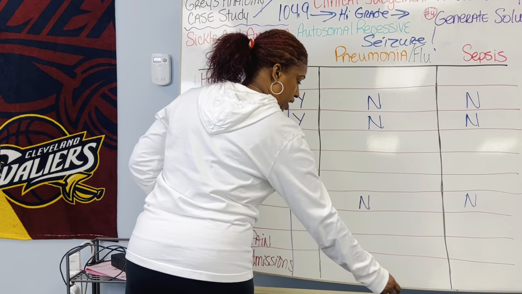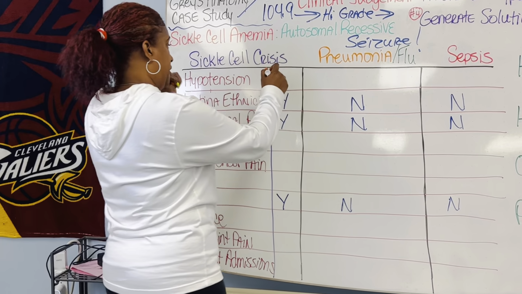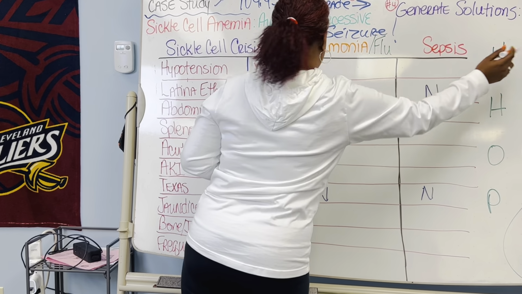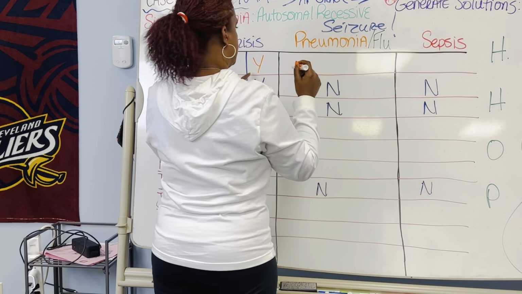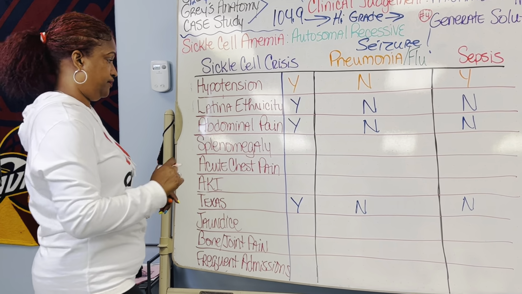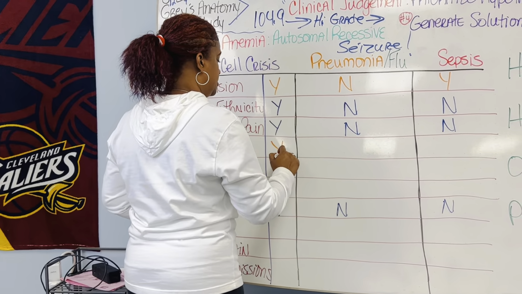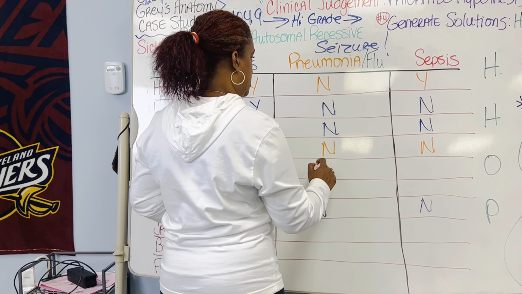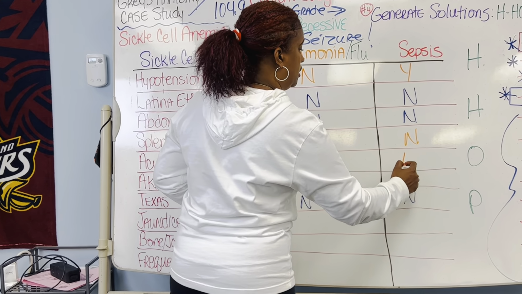Hypotension, sickle cell crisis. Yes, because you're damn sure anemic, and very often you're dehydrated, but yes. Pneumonia? No. Sepsis? Definitely yes. How about splenomegaly? Yes. No. No. How about acute chest pain? Yes. Yes.